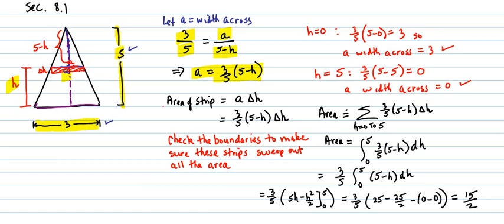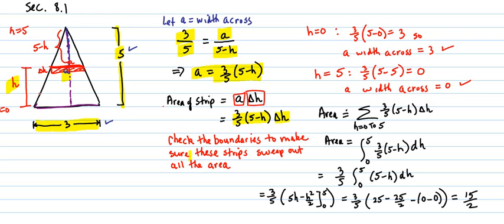So the area of that strip is A, the length across, times the delta h increment. And that's going to give you 3/5 times 5 minus h times the delta h. Then you're going to add all those up, going from h equals 0 on what we call the ground, all the way up to h equals 5 up there.